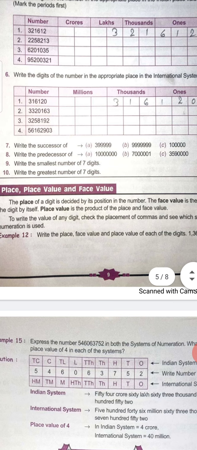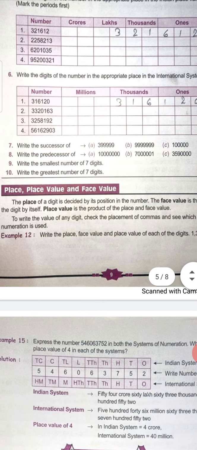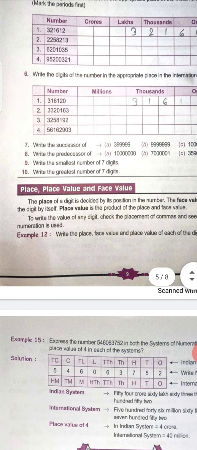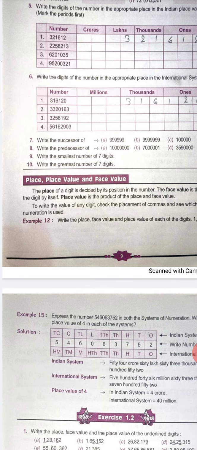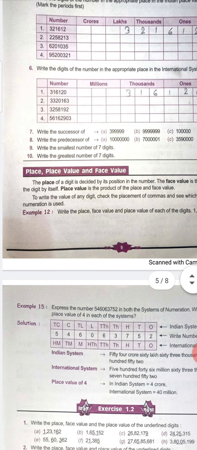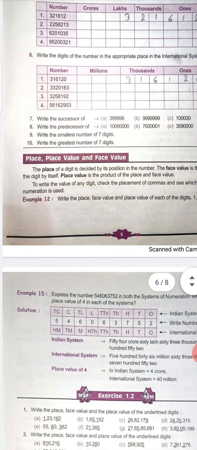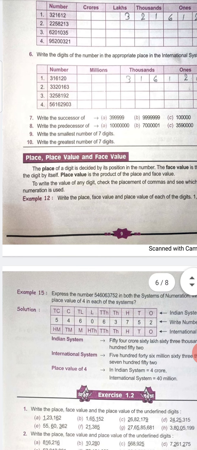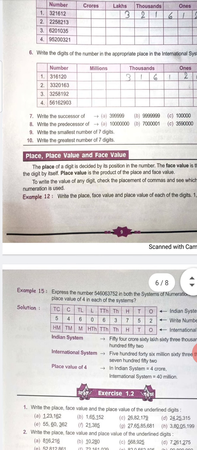Place of 9 is ones, place of 8 is tens, place of 6 is hundreds, place of 2 is thousands. Now place value. The place value of 2 is thousands multiplied by 2, because place of 2 is thousands and face value of 2 is 2. Then we multiply 1000 by 2, then 2000 is the place value.